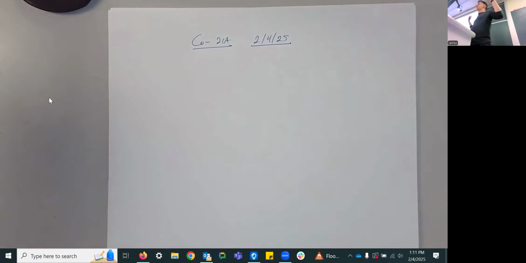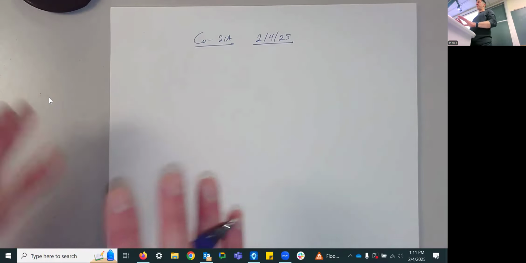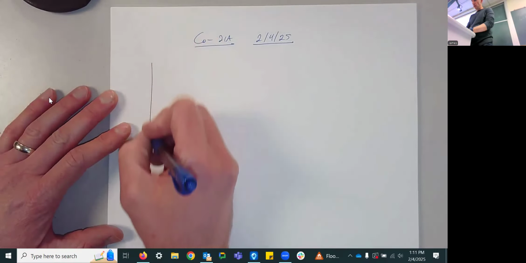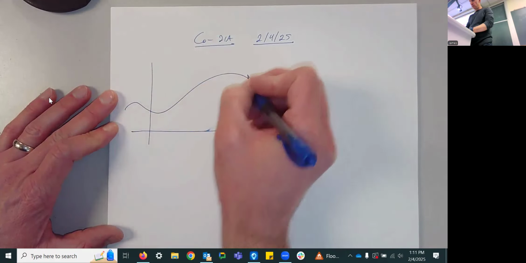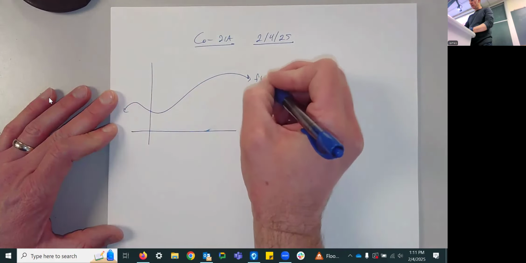So let's talk about the derivative in general and kind of how we approach it. Let's just look at a very not specific function. So today we have some function that looks like this. So here's f of x.